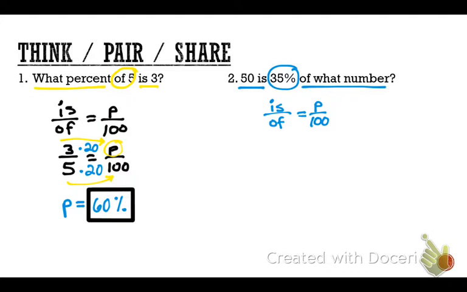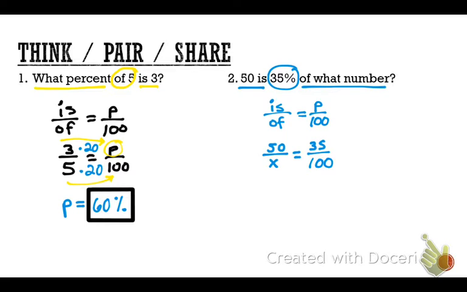Guys, what is the formula? Is over of equals... All right, what's my is? 50. Nehemiah, what's my of? We don't know it, so we're going to put an x. Nikki, what's my p? Okay, 35% means 35 over 100.